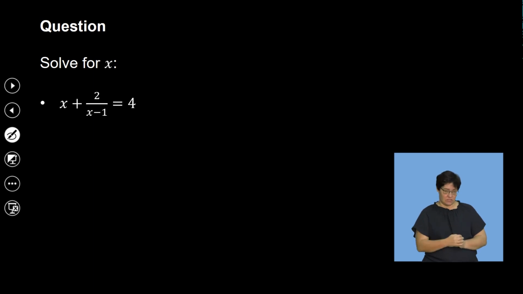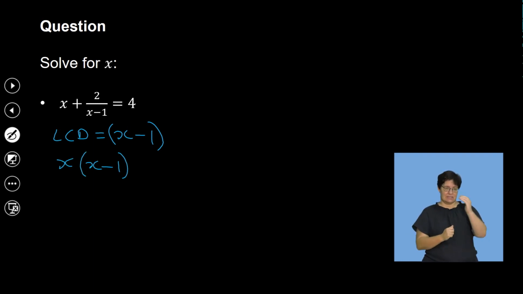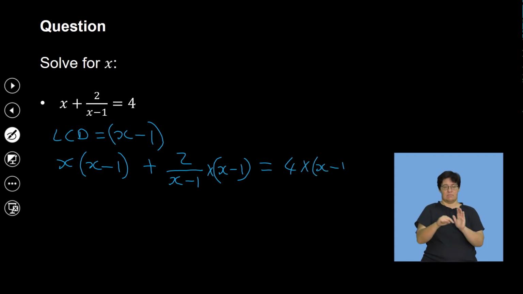Here I said we must multiply by the LCD. So my LCD will be equal to x minus 1, right? What do you do with the LCD? You multiply every term by the LCD. So it becomes x multiplied by x minus 1 plus 2 over x minus 1 multiplied by x minus 1 equal to 4 multiplied by x minus 1.